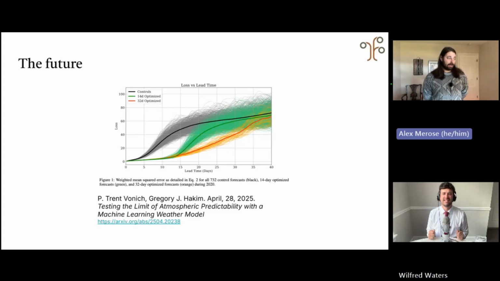This paper is Testing the Limits of Atmospheric Predictability with a Machine Learning Weather Model. One of the advances, the implementation detail of how machine learning works in general, is you guess, and then you see how wrong you were, and then you correct. Part of the mechanism for correcting is something called automatic differentiation. Differentiation is a type of calculus.